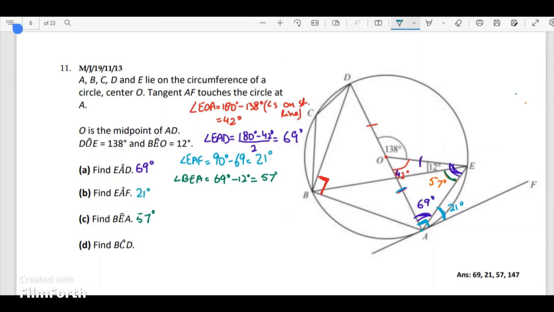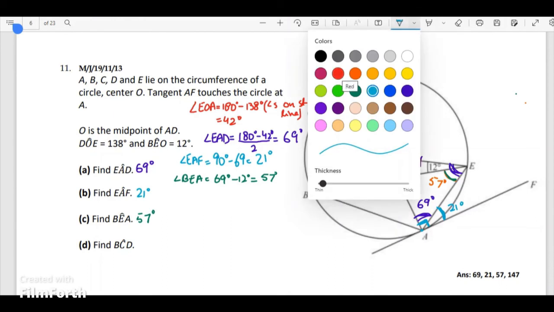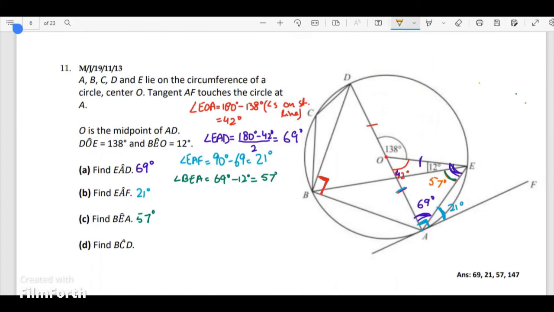Okay, next we have to find angle BCD, this right here. Okay, so for this angle, since there are no equilateral or isosceles triangles here, but I do see this is on the circumference, this is on the circumference, this is on the circumference, this is on the circumference.